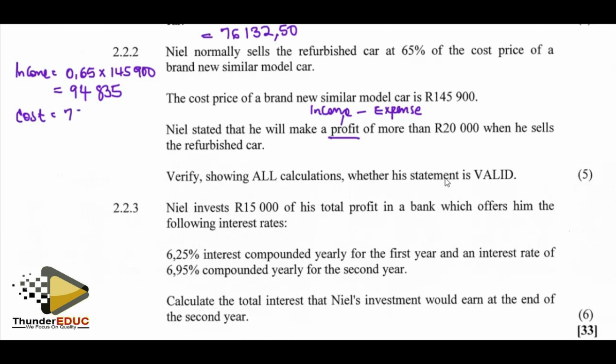76,132.50. So we are going to subtract the two. Subtract the two values.